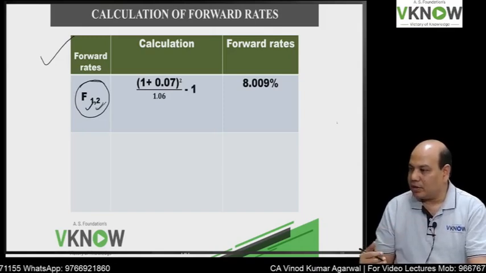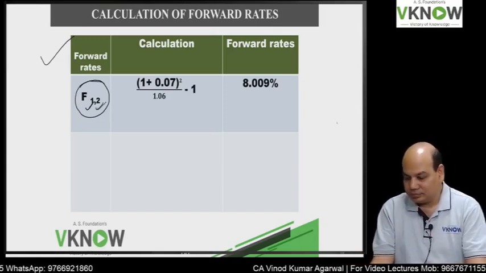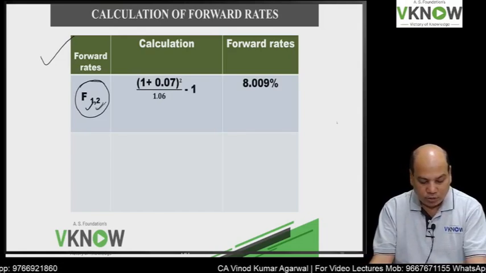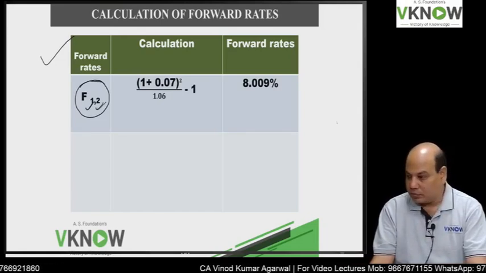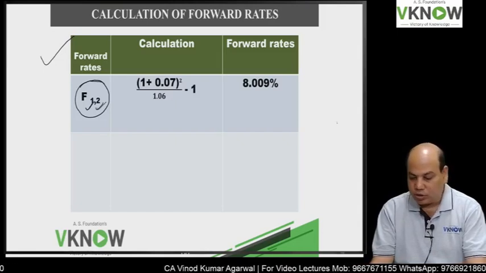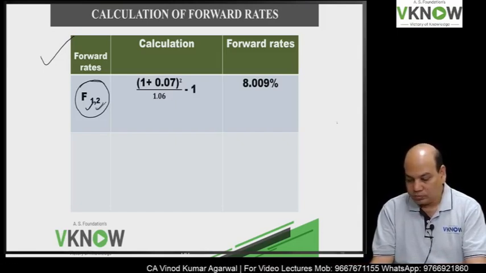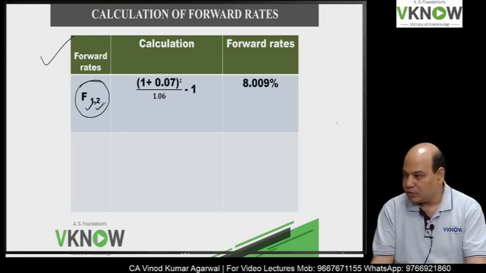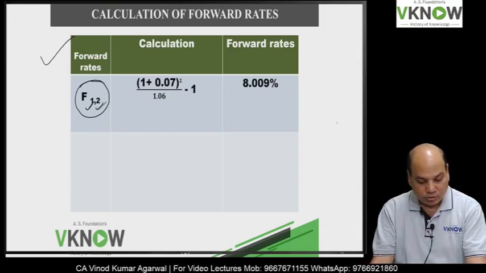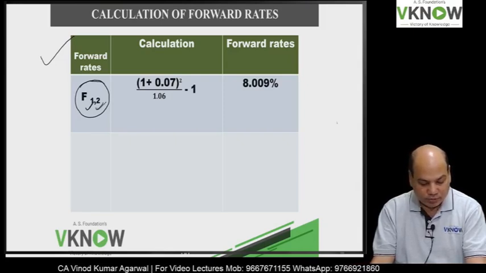So what will be the interest rate in the second year? Please write the formula. (1 plus 0.07) to the power 2, which is the YTM of the second year, divided by 1.06, minus 1. So this is approximately 8%.